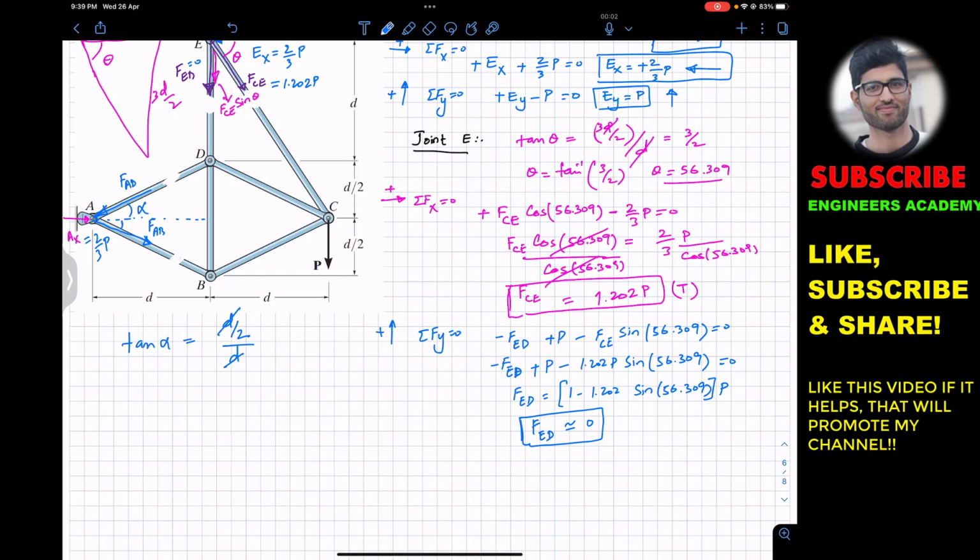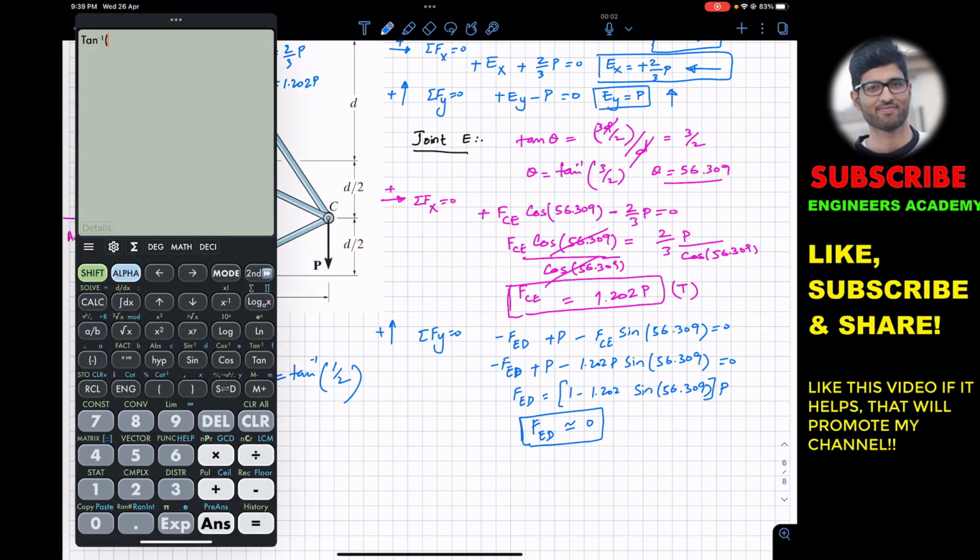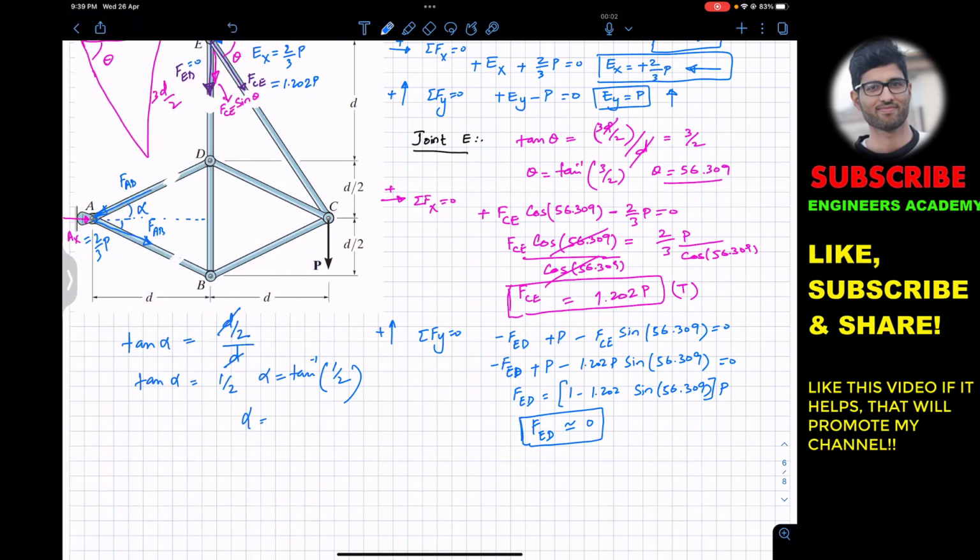We will have tan alpha equals 1 divided by 2. And we can say that alpha is tan inverse 1 divided by 2. So tan inverse 0.5 gives me 26.565. So alpha is 26.565 degrees.